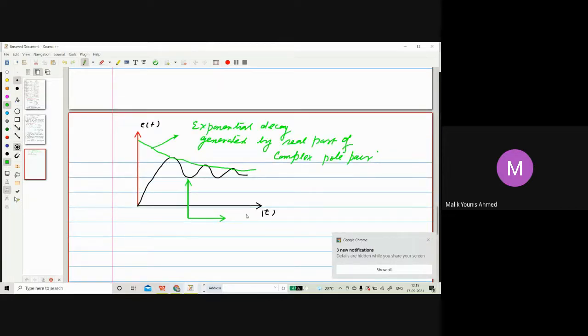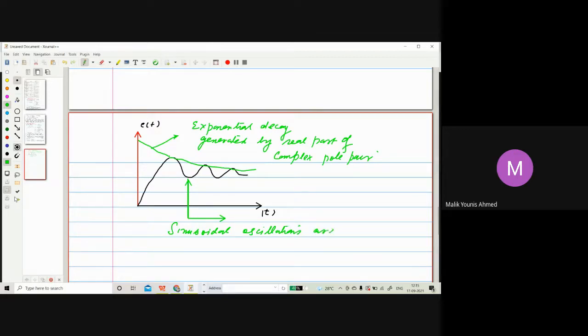Sinusoidal oscillations, which we also sometimes call damped oscillations, are generated by the imaginary part of the complex pole pair.